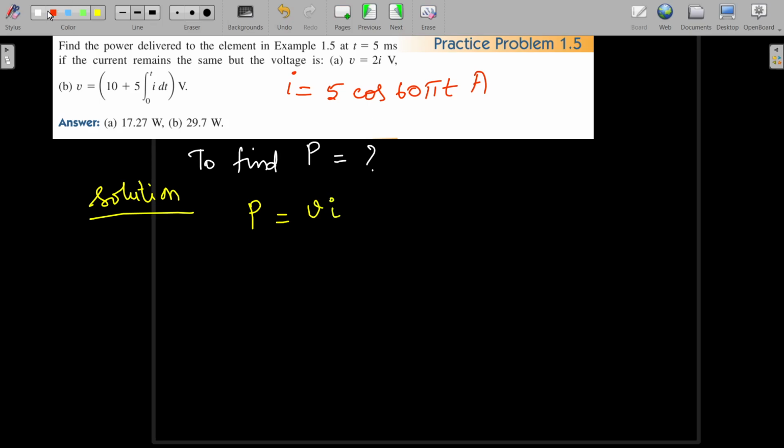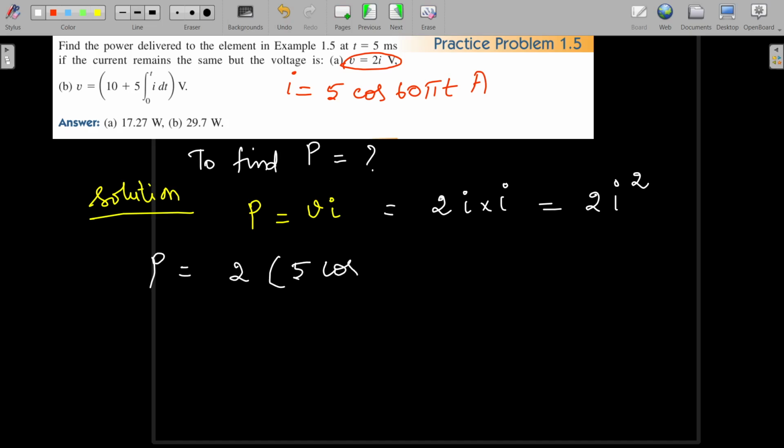The formula to find P is V into I, the product of voltage and current. And in our problem, this V is 2I volts. So we can substitute for that case: instead of V, you can write 2I into I. So this is equal to 2I square. But that I is given in our problem as 5 cos 60 pi t.